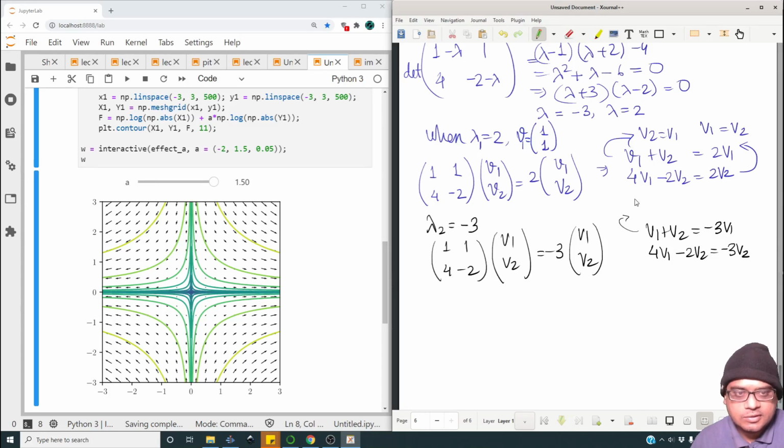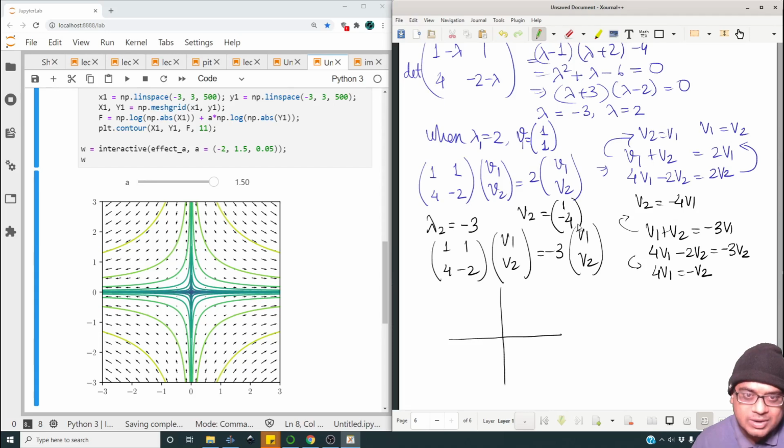This equation gives us v2 equal to minus 4v1, and the other equation gives 4v1 equal to minus v2. Okay, so it's the same thing. This is good. So the eigenvector will be 1 comma minus 4. So these are not normalized eigenvectors.